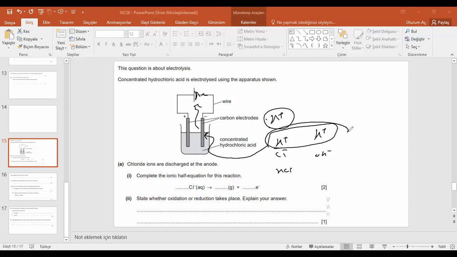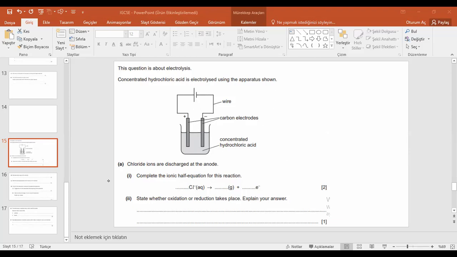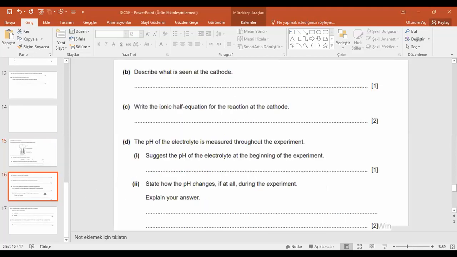So H+ ions decrease, right? The ions responsible for making the solution acidic are H+ ions. As long as these ions are being removed, the pH increases. The pH of the solution increases because H+ ions are lost.